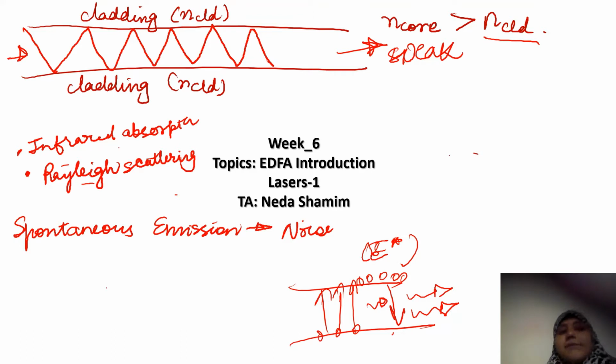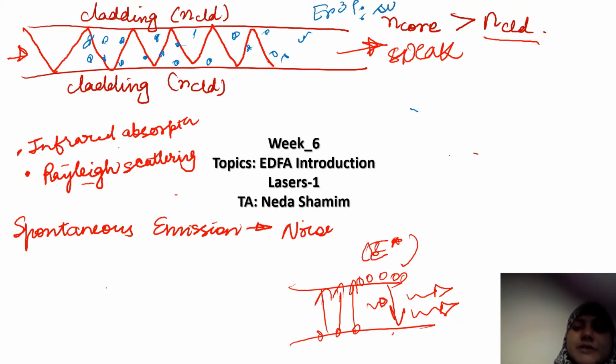The core of the fiber will be doped with erbium atoms, and we'll have the signal photons, and we'll pump the erbium atoms to the excited state. This is what we call Er3+ in silica, and this is what you call an erbium doped fiber amplifier.